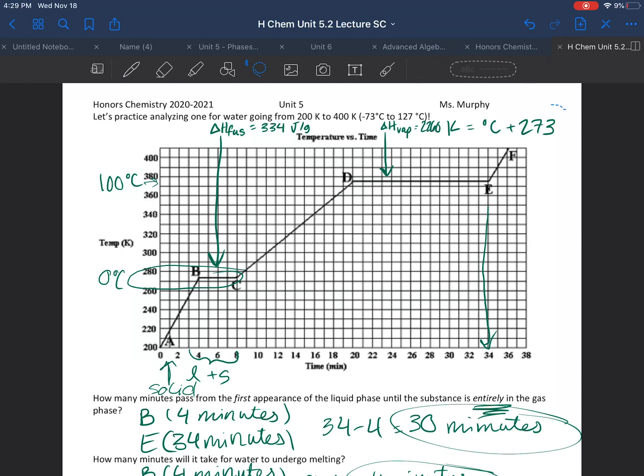I'm going to move this over here. Joules per gram. And so what this means is if you have 1 gram of water, to get it to melt, you have to put in 334 joules of energy. And if you also have 1 gram of water, you have to put in 2,260 joules for it to boil.